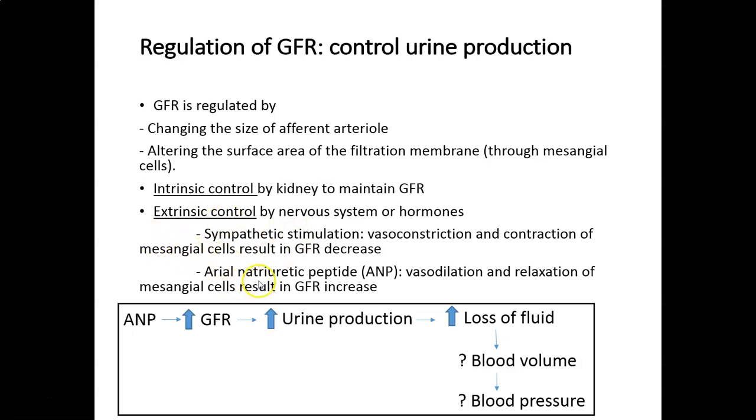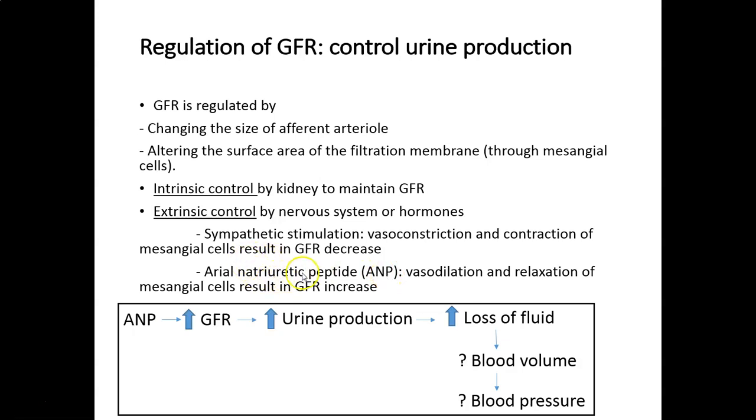And the hormonal control is through the atrial natriuretic peptide, ANP. We talked about this, sounds familiar, right? In the cardiovascular system, it is one of those hormones that decreases blood pressure. Part of how it decreases blood pressure is by increasing urine production.